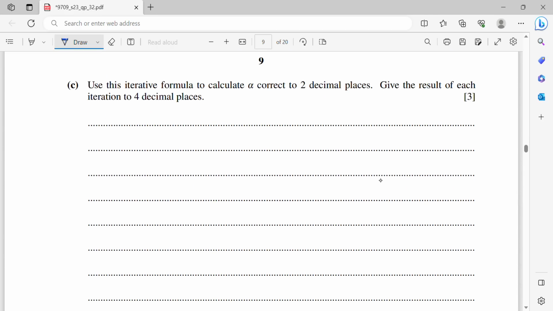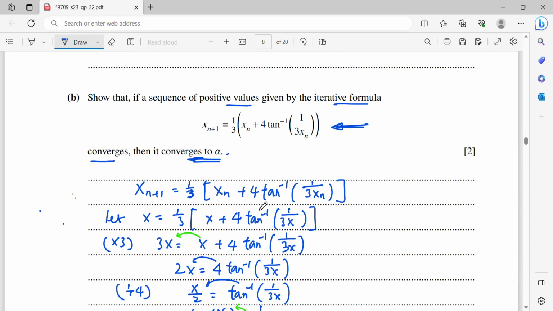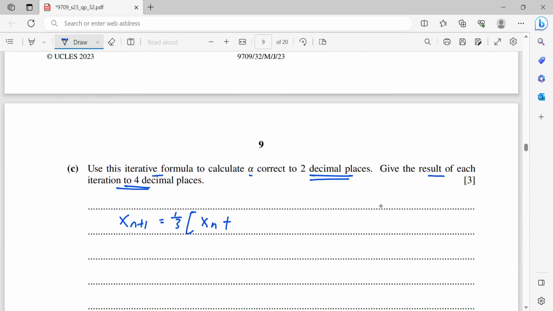Now, use this iterative formula to calculate alpha to 2 decimal places. Give the answer of each iteration to 4 decimal places. Now I will rewrite the formula: inverse tangent 1 over 3xn.